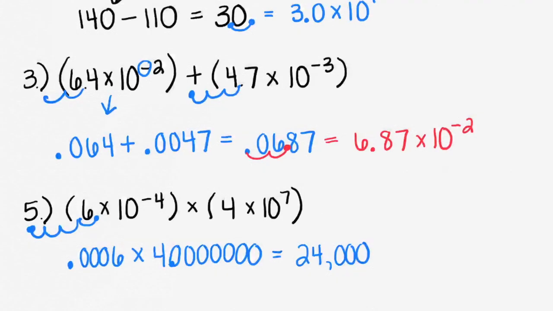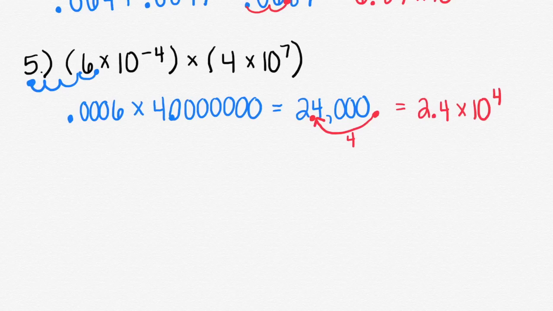Now, if we put that into scientific notation, we will put a decimal at the end of the number. We want to get the decimal after the 2, which means you have to move it 4 spaces. So we would rewrite this as 2.4 times 10 to the 4th power.